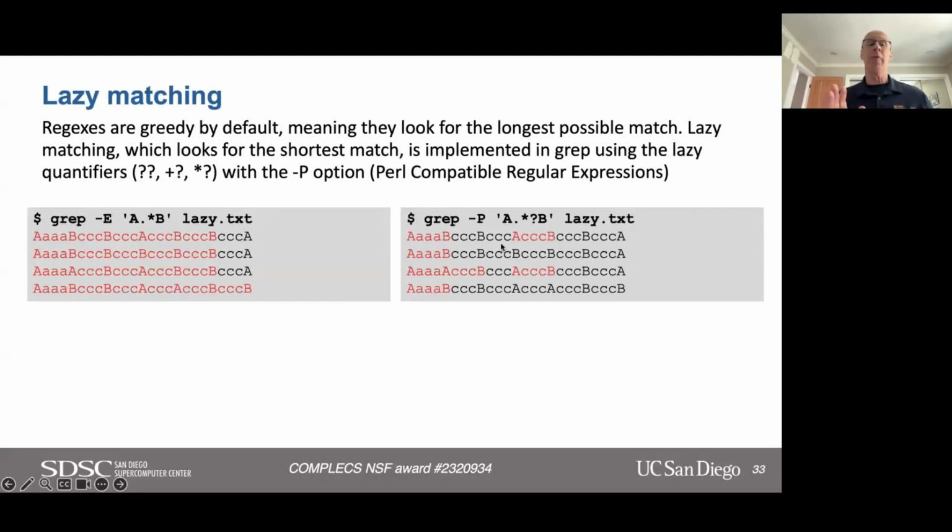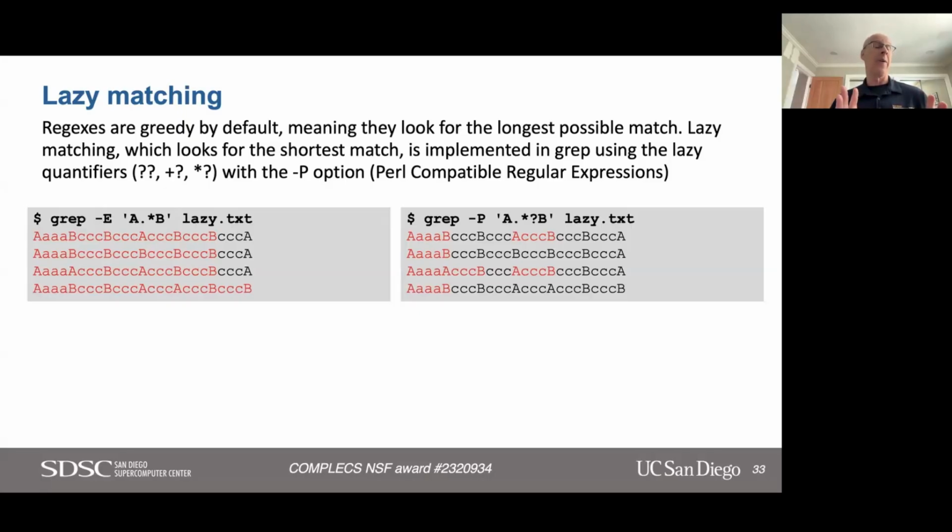Now, we mentioned greedy matching earlier, but I also want to mention lazy matching. So these regular expressions by default are greedy, meaning that they're always looking for the longest possible match. Lazy matching looks for the shortest match, and it's implemented in grep using the lazy quantifiers: question mark, plus question mark, star question mark.